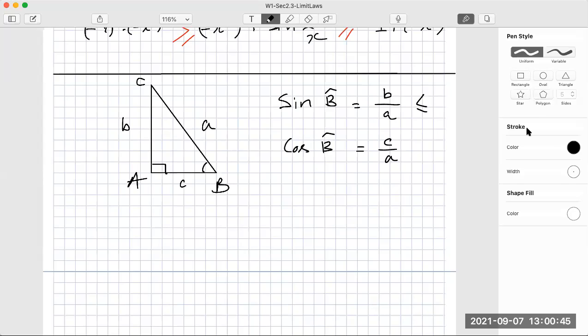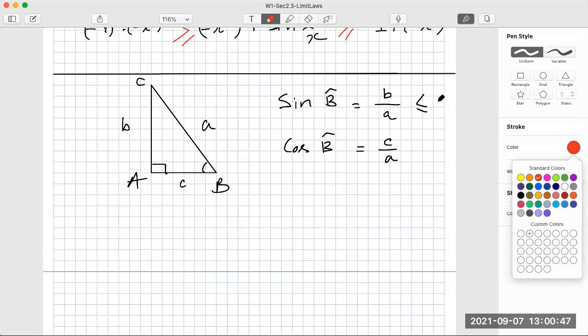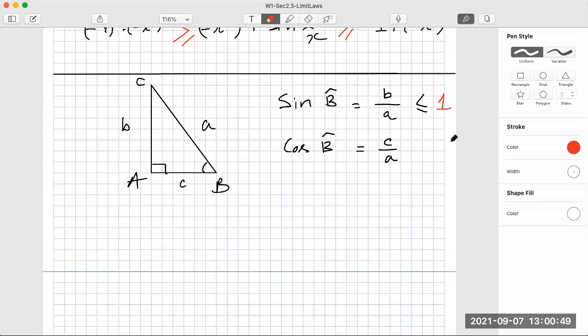Thank you, Madison. Perfect. And cosine is always smaller than 1, right? That is why cosine and sine are always smaller than 1.